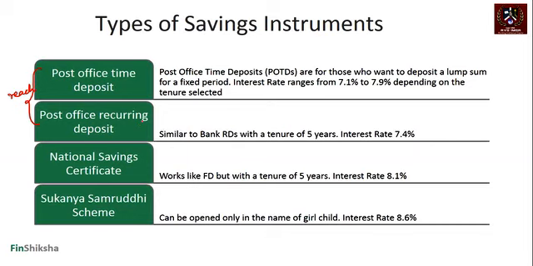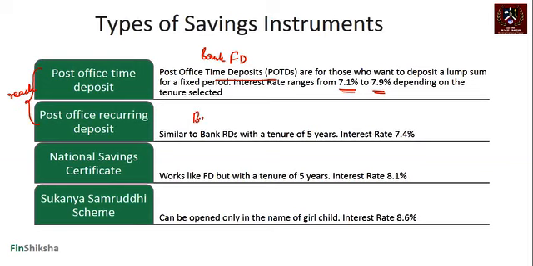So it's easier for someone to go and put money there. So post office time deposits are for those who want to put money for a fixed period. That's effectively like a bank FD. But let's say you don't have a bank account, then a post office FD or time deposit is useful. The interest rate ranges between 7.1 to 7.9% depending on the tenure selected.